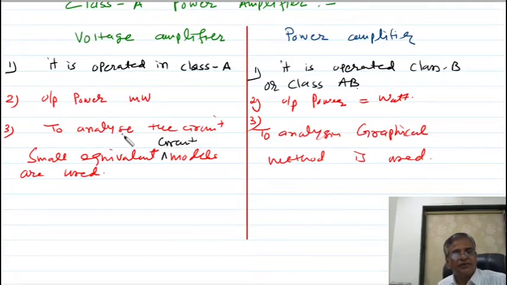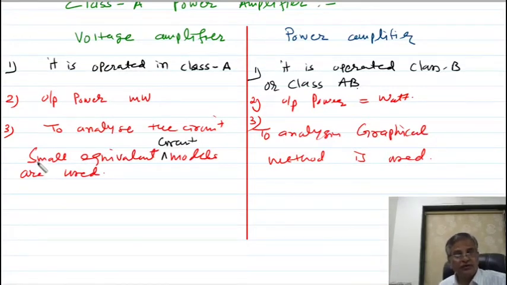Whatever parameters the circuit has, that is to be calculated with the help of small equivalent circuit models. Here you can use a graphical method to calculate current gain, voltage gain, power gain, input resistance, output resistance.